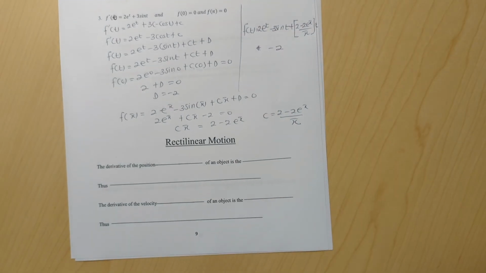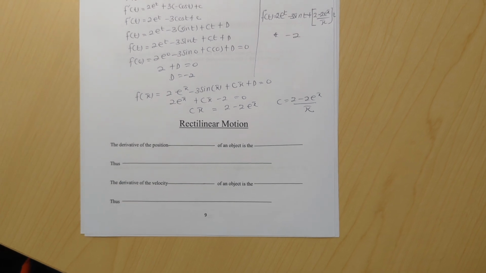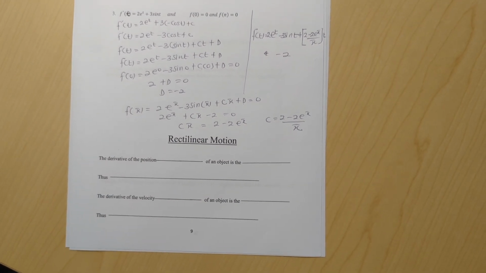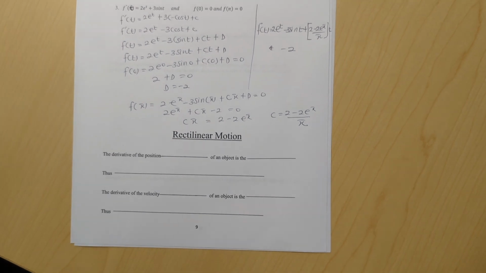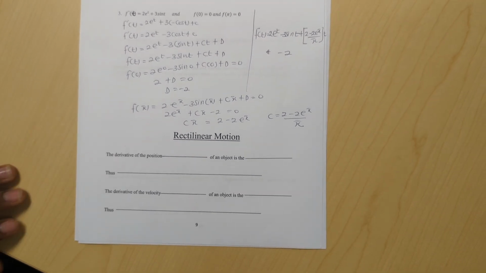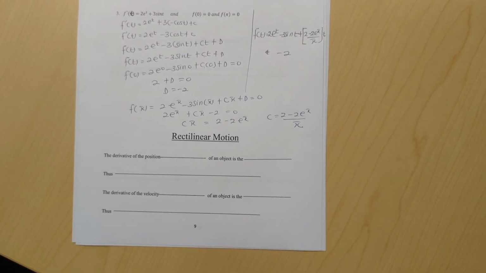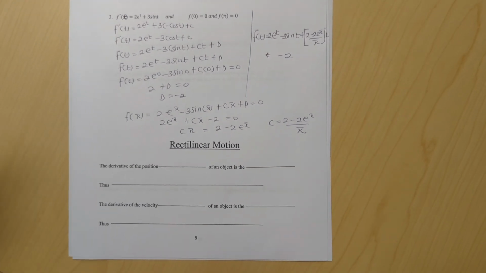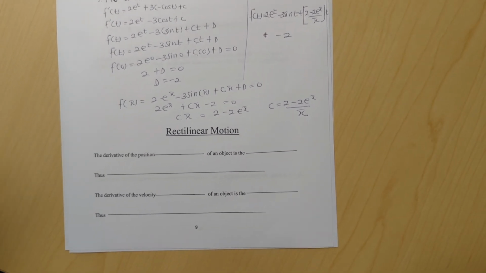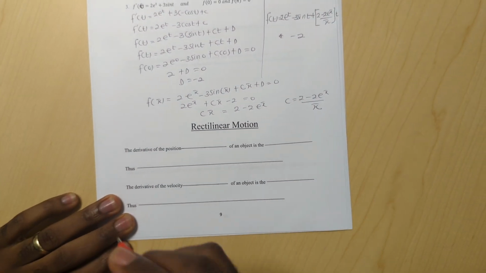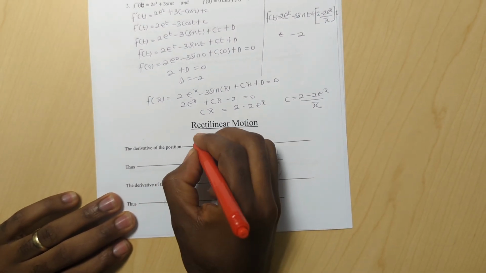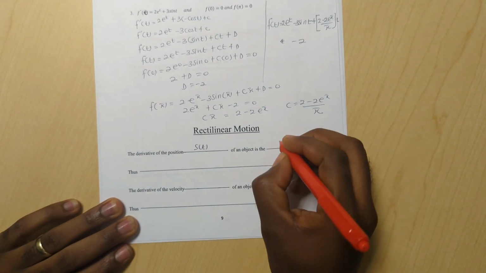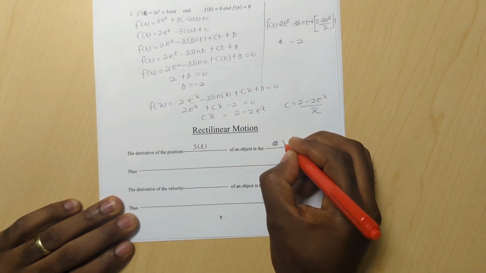So now, having acquired this understanding of antiderivative, we are going to use that to solve problems involving rectilinear motion. That's the movement of an object in a straight line. Remember, when we were doing derivatives, we applied that in finding problems involving rectilinear motion. And we said that the derivative of the position, that's s of t, with respect to time, of an object is its velocity.